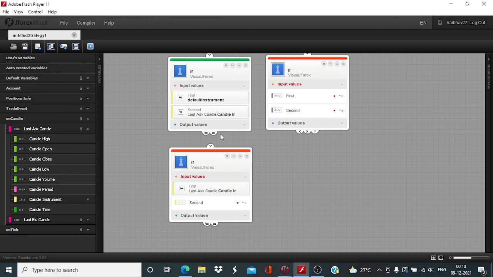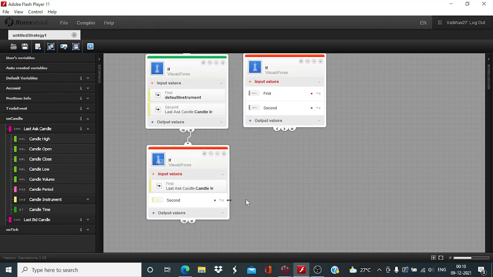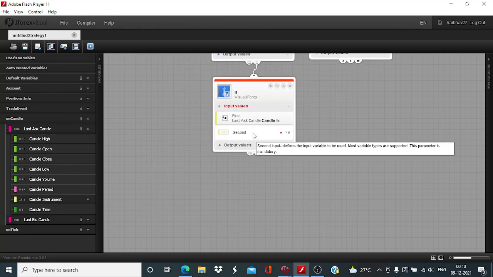And candle instrument should match the instrument of choice.